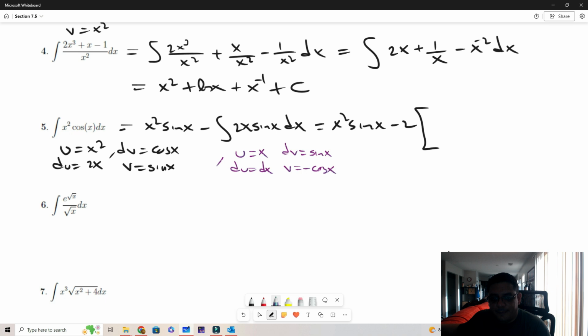And so this means that this is going to be minus u times V, so minus x cosine of x, minus the integral of V du, so minus and minus plus, and then V du will be cosine of x dx.